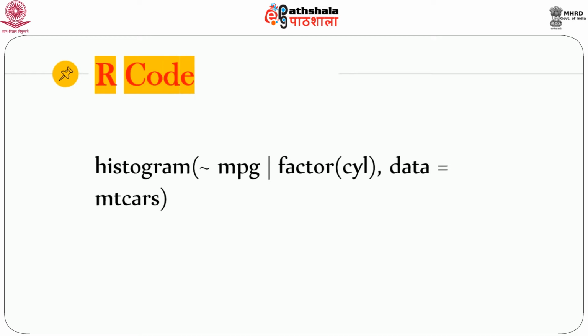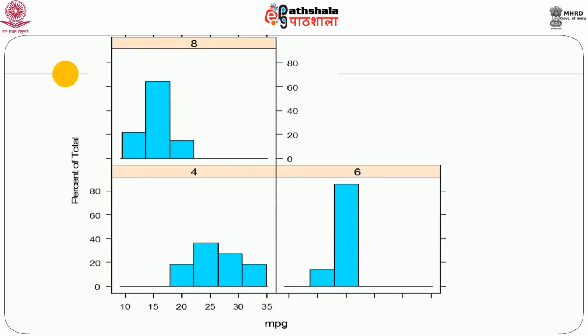Let's see. Here we are considering the MPG variable corresponding to each of the 3 factors of CYL. For this, we are using the command that we have mentioned here, and look at the output that we are getting. This is a collection of 3 histograms, one for each of the 3 factors. Now have a closer look at the plot.